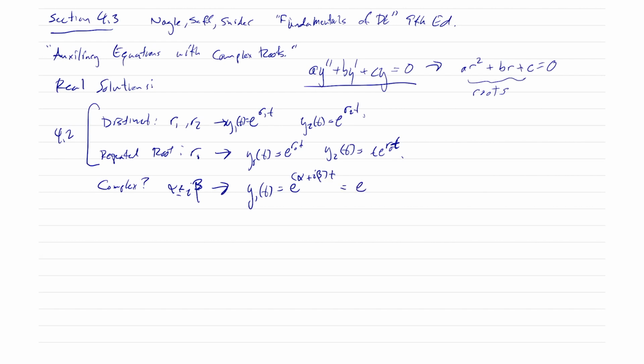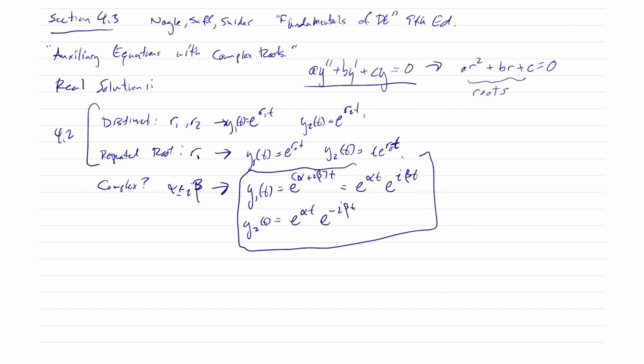And this would be written as e to the alpha t times e to the i beta t. And you have a second solution, y2 of t is equal to, say, e to the alpha t times e to the minus i beta t. Now, so this is one route you can go. These are basically two linearly independent solutions, and they are solutions to the homogeneous equation.